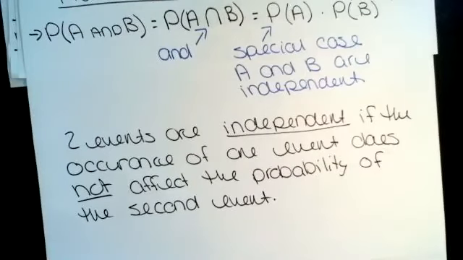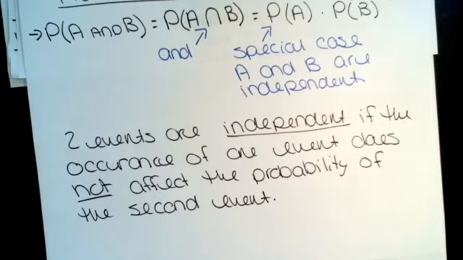So I set that person aside. They're no longer in the pool of people I'm choosing from. Now I only have 35 people to choose from instead of 36. So the first event A occurring has changed the probability of event B occurring, because now I have 35 in my denominator instead of 36.